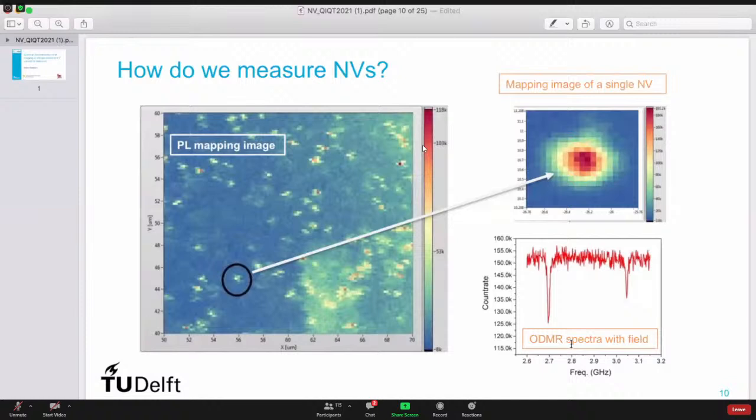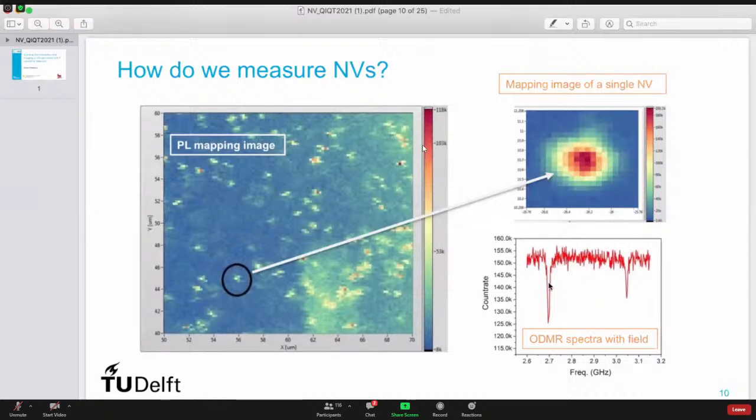Then we see where we have bright centers, focus on them and do the anti-bunching experiment to see whether they are emitting single photons or not. This is how we confirm whether we are looking at a single NV or not. And then we continue with all the other experiments.